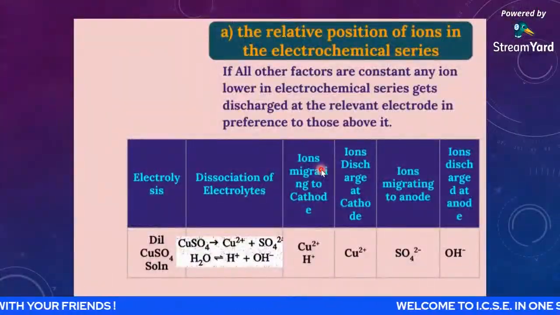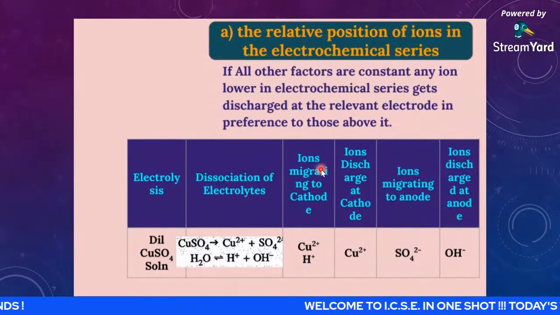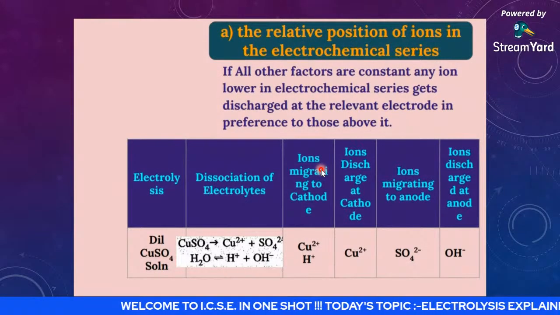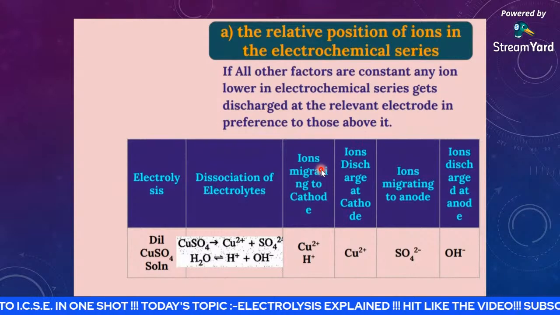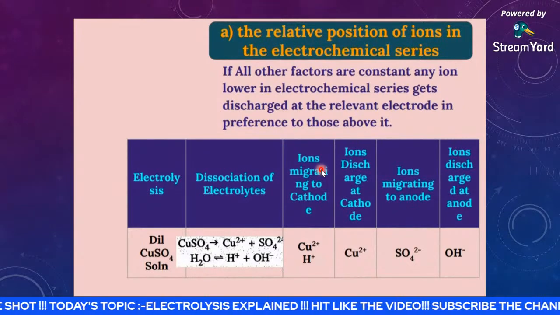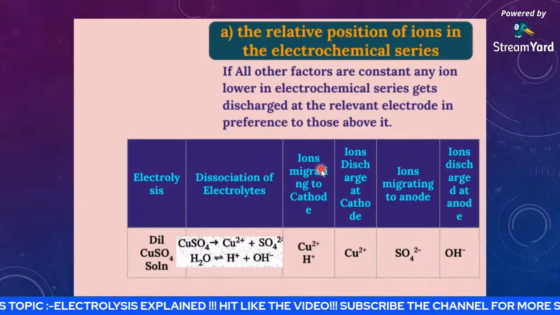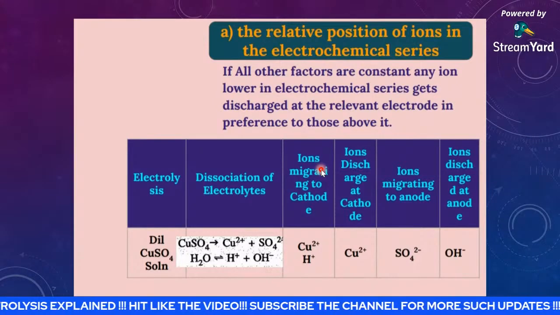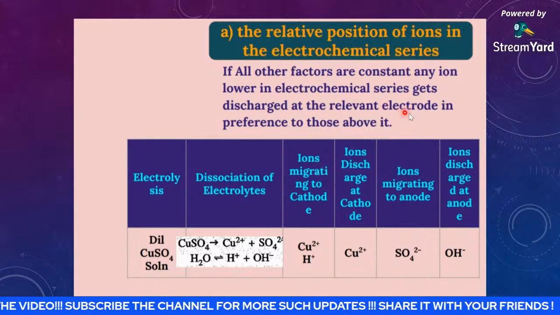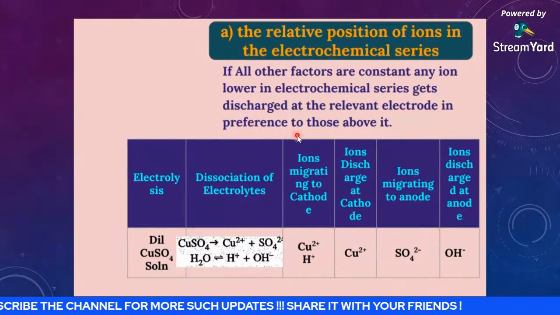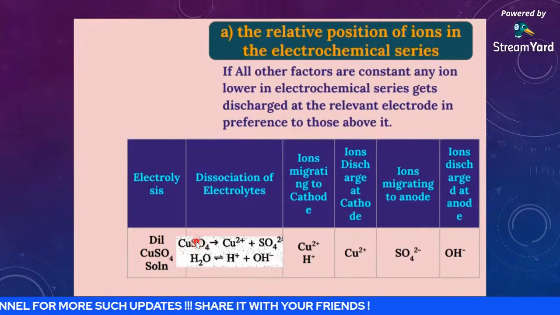Now, the relative position of ions in the electrochemical series. If all other factors are constant, any ion lower in the electrochemical series gets discharged at the relevant electrode in preference to the one above it.